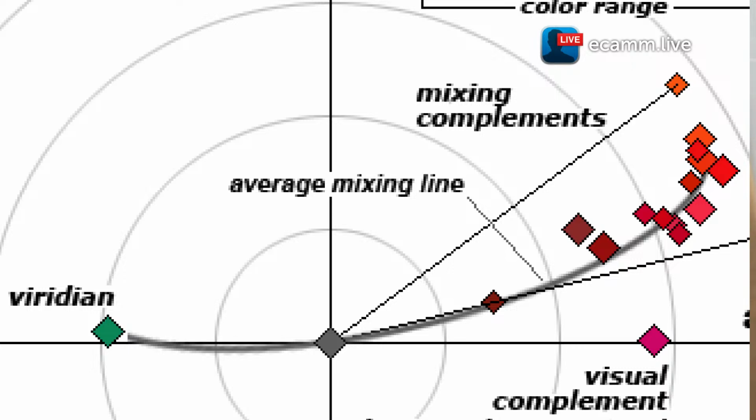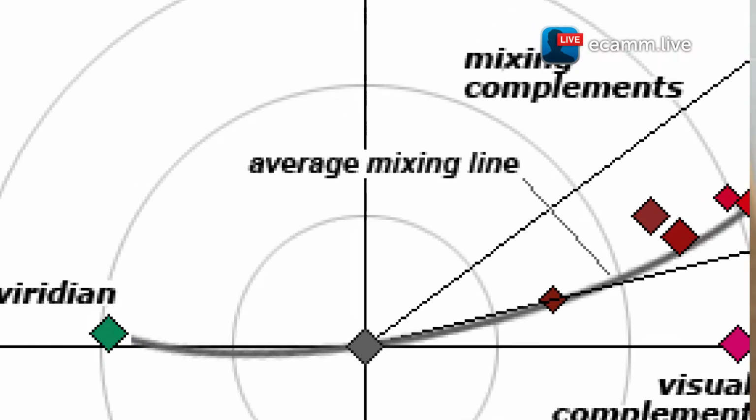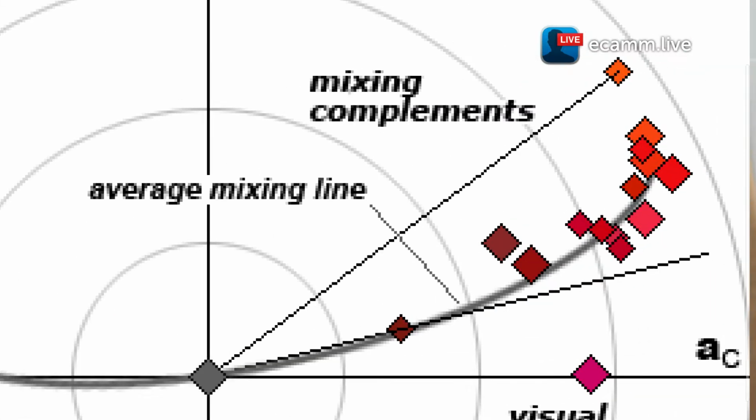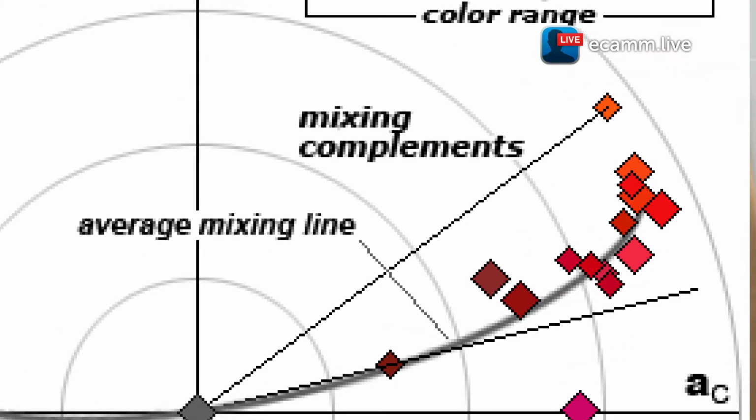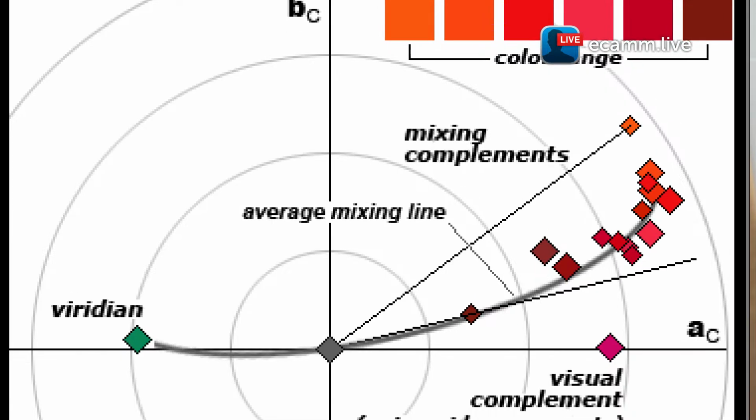So you don't see the straight line connecting viridian with those bright reds. No way, no. You see a curve. So this is very strange, but it means that initially the color gets more purplish until it finally becomes neutral, and then it moves towards the viridian, but as a curve.